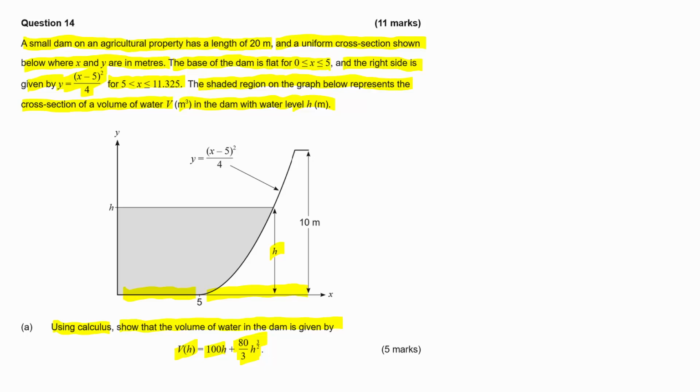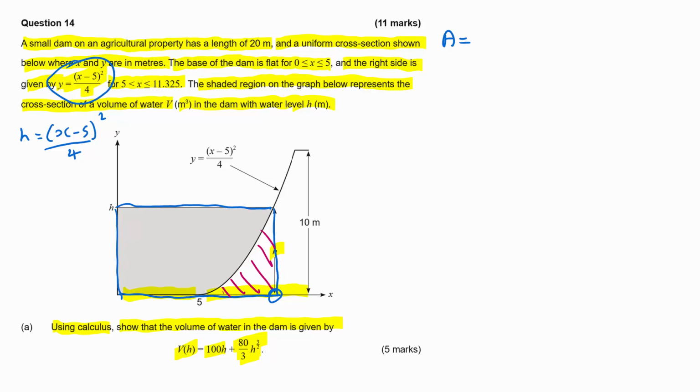Now, I'm going to work out the cross-section area, and I'm going to do that by first of all looking at this rectangle and then taking away the area just here. So we need to know the x value just here. So let's work that out by using h is equal to (x minus 5) squared over 4.